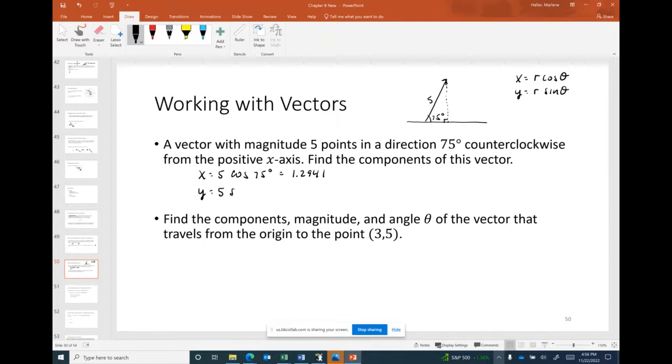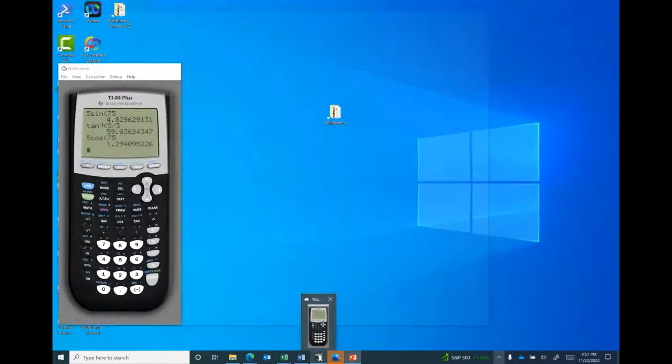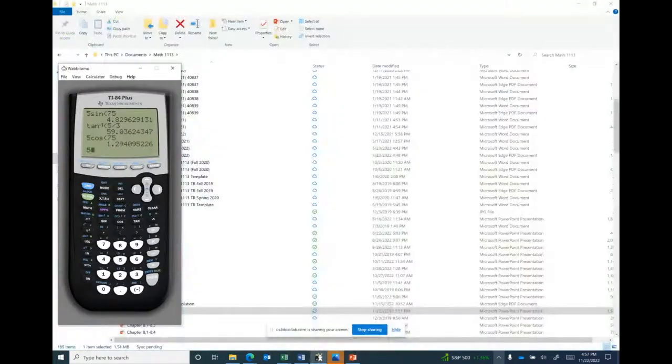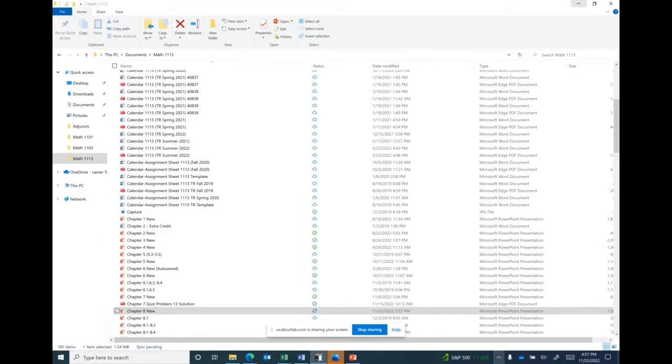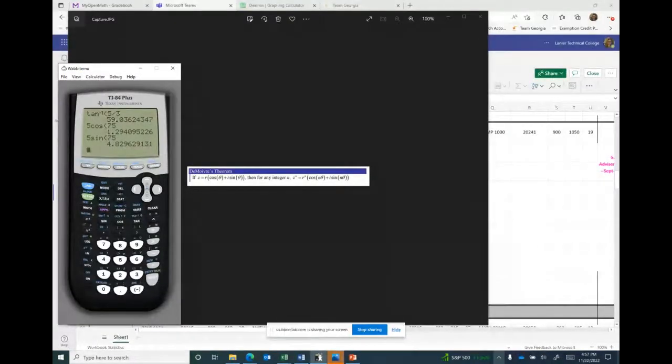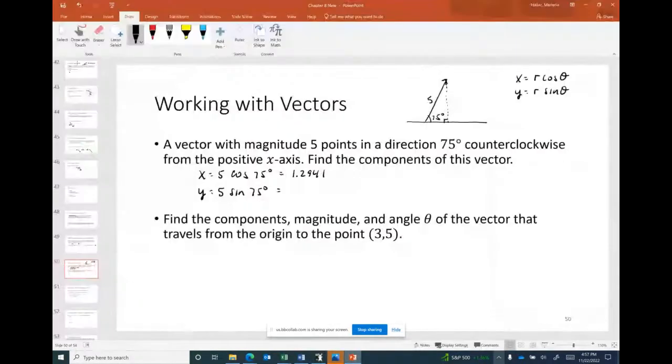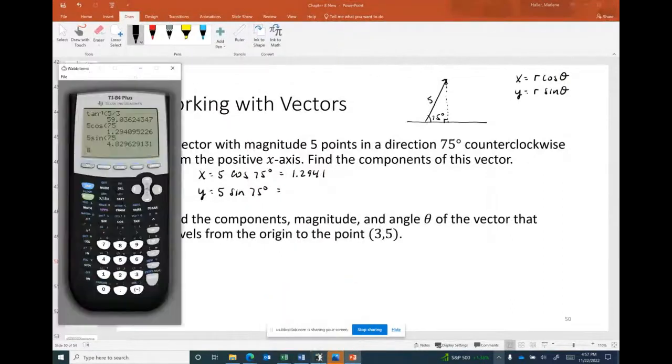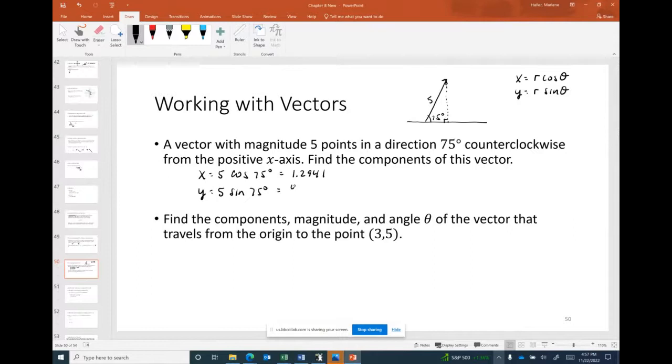That's going to be 5 times the sine of 75 degrees, and that's 4.8296.